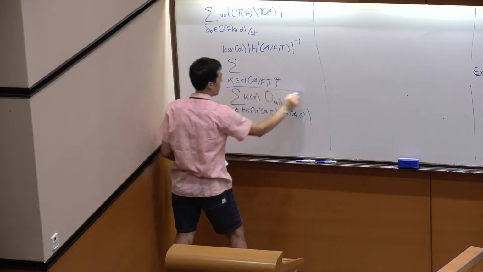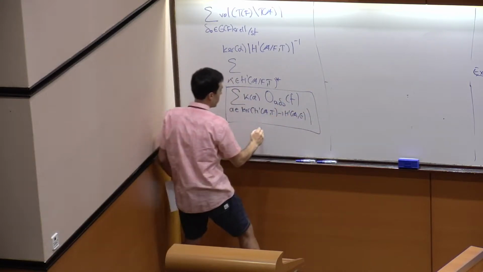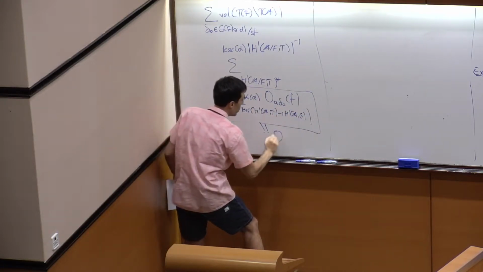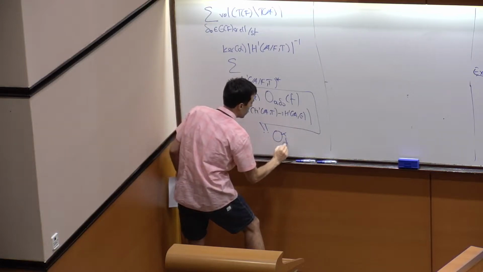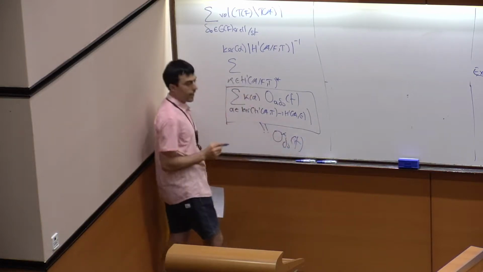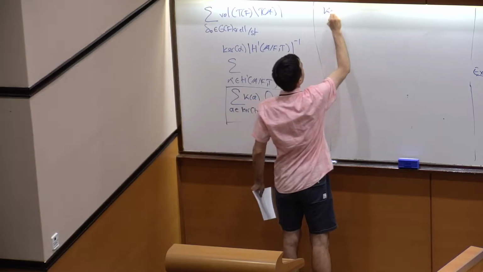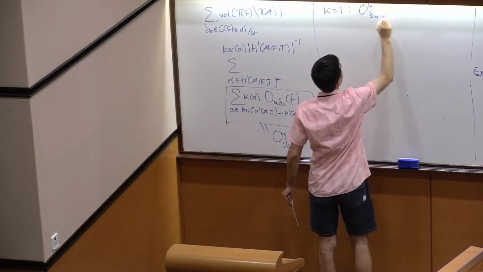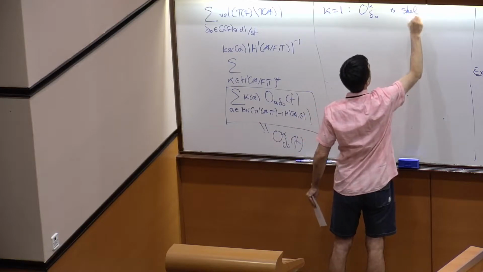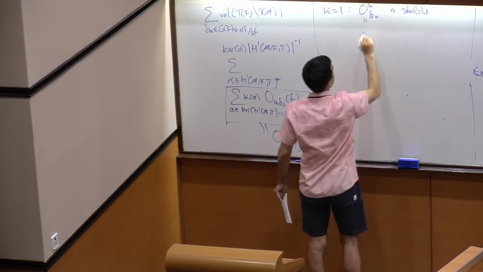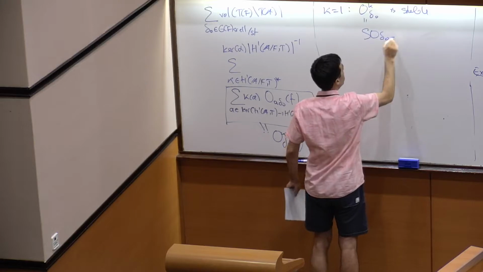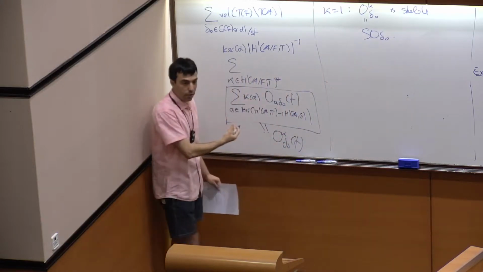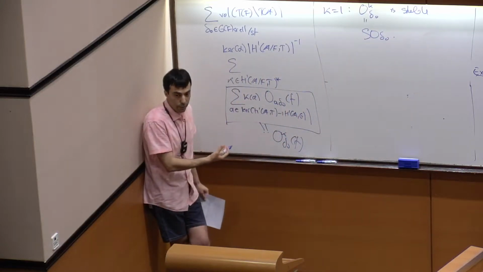So we can call this, just like we did for SO2, the kappa orbital integral for delta 0 of F. And when kappa is equal to 1, the kappa orbital integral of delta 0 is stable. This is the stable orbital integral of delta 0. And then the other ones are going to be related to endoscopic groups.